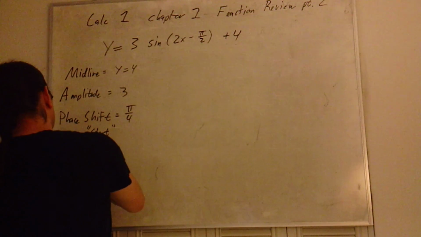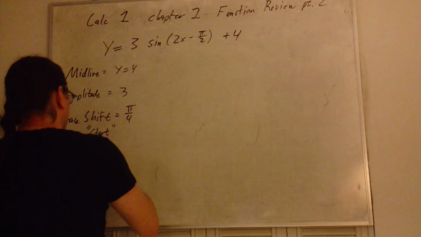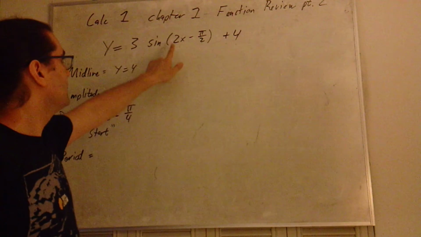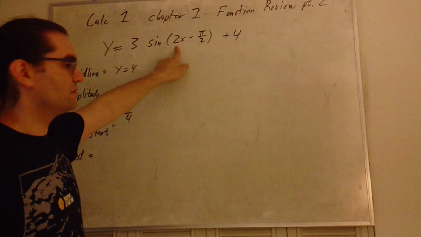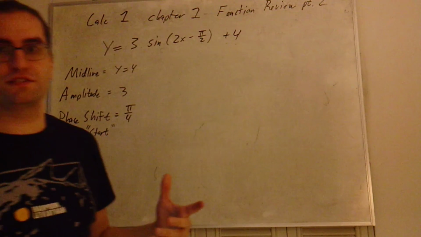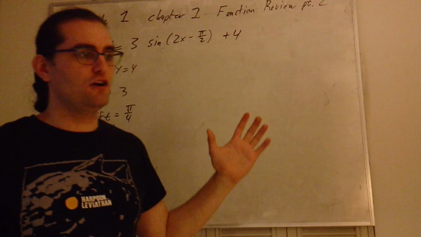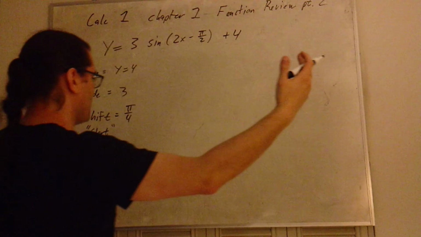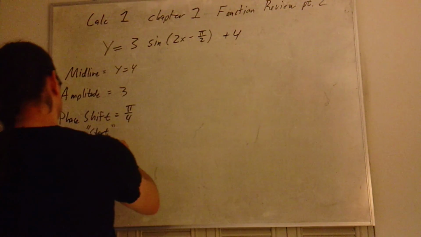The period. The standard period on a trig wave is 2 pi. This 2x here, according to our table of transformations, means that this function is going to be twice as thin. So if we take our standard period of 2 pi and we compress that, we'll get a period of pi.